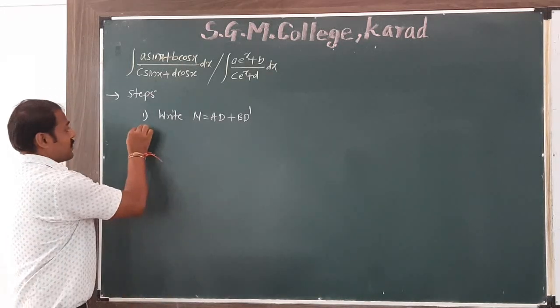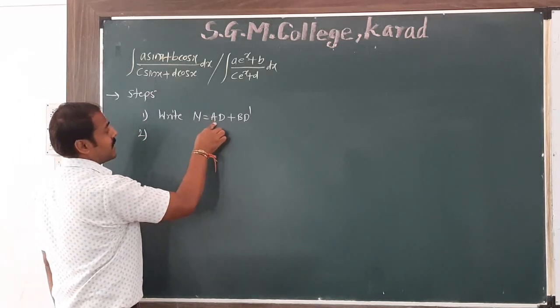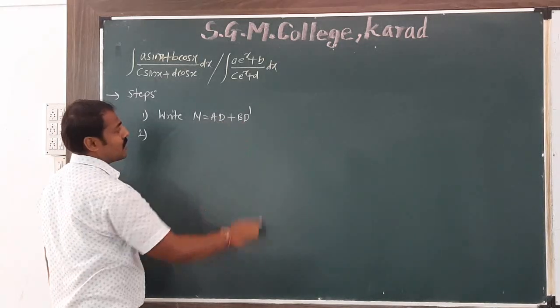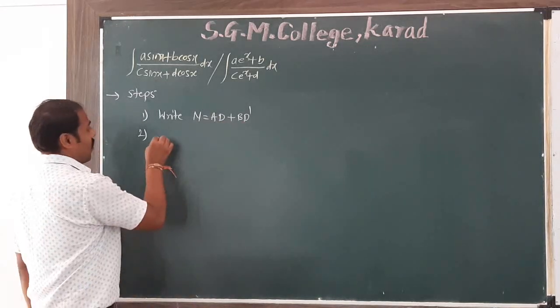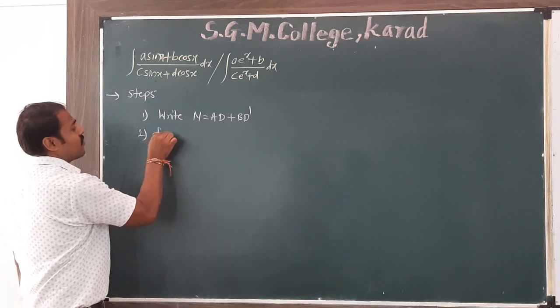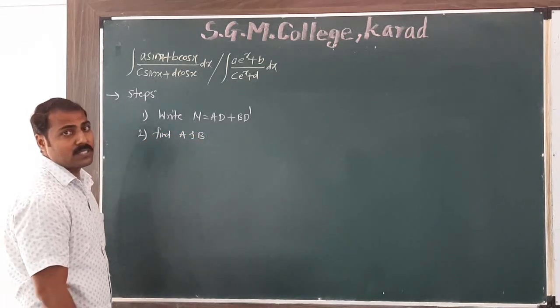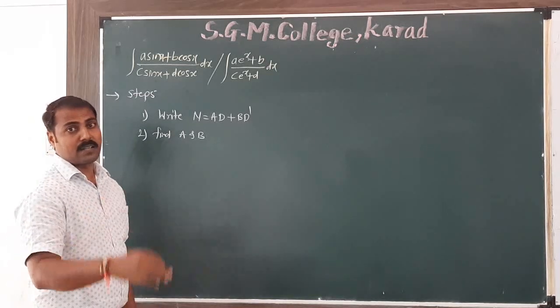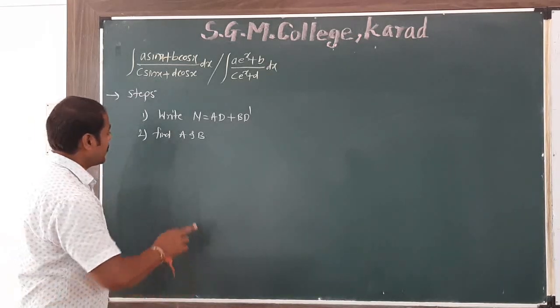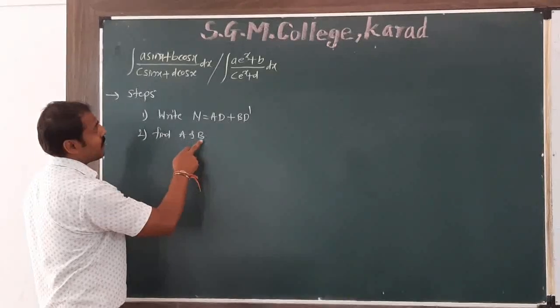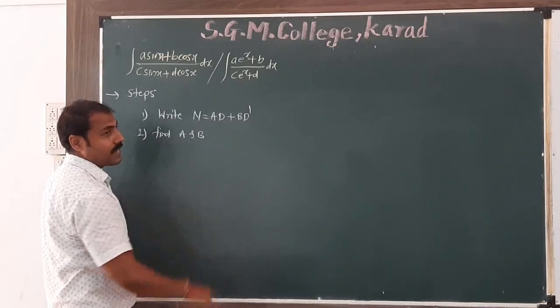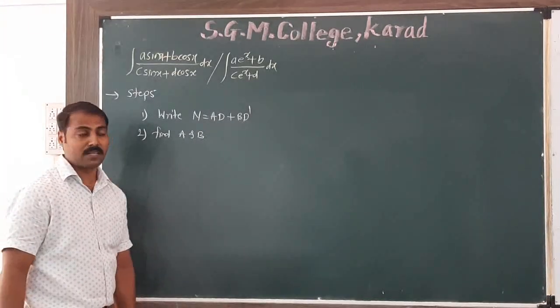Okay, first step is what? Write numerator as A into denominator plus B into derivative of denominator. Second, obtain the values of capital A and capital B by equating coefficients of similar terms.